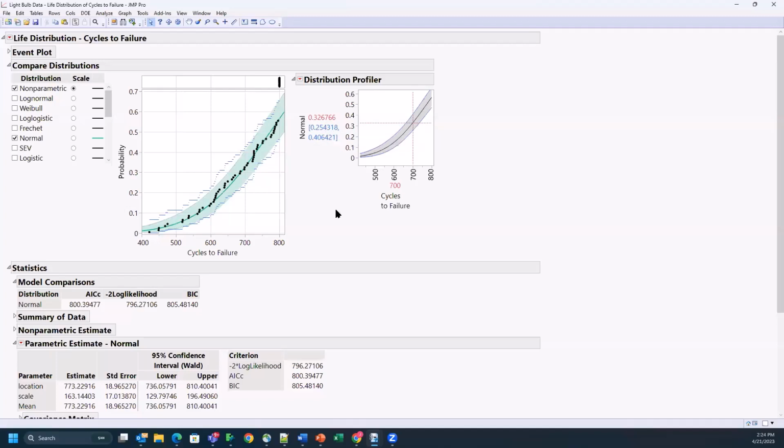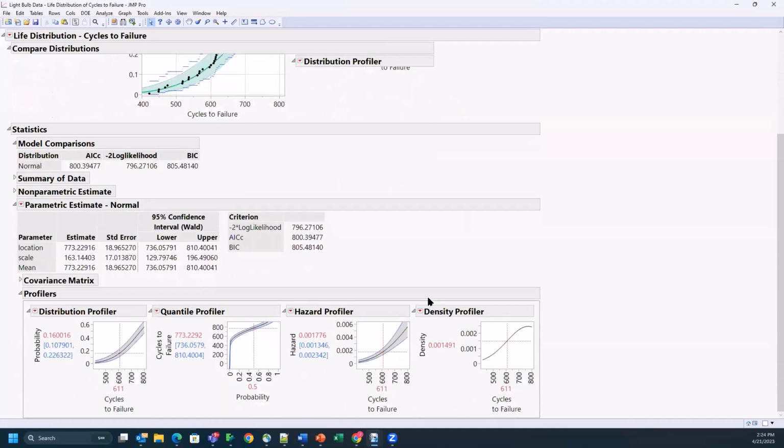Just like with any statistical analysis, more data is generally going to reduce your confidence intervals and give you a better estimate of the result. So here you can see that we don't perfectly fit that normal distribution line. And because of that, we get some error in our estimates.